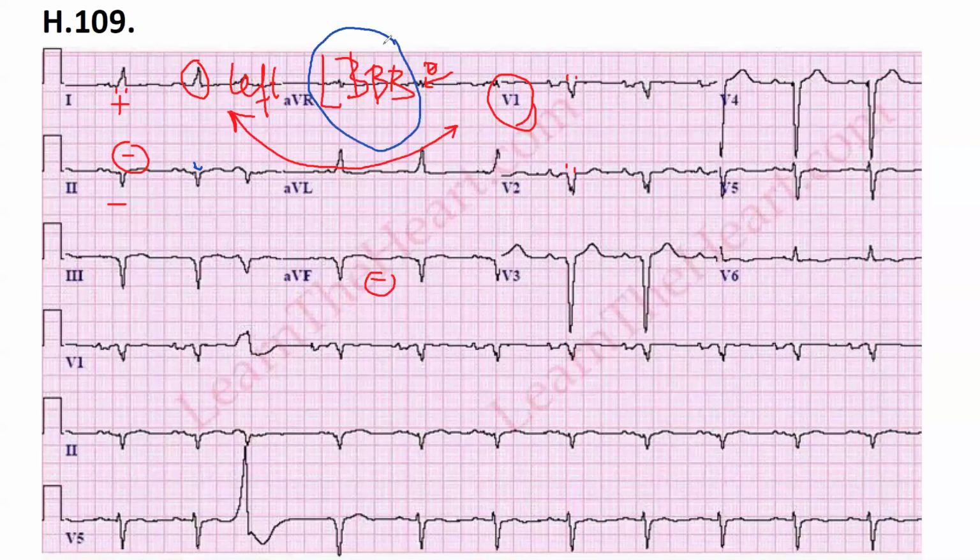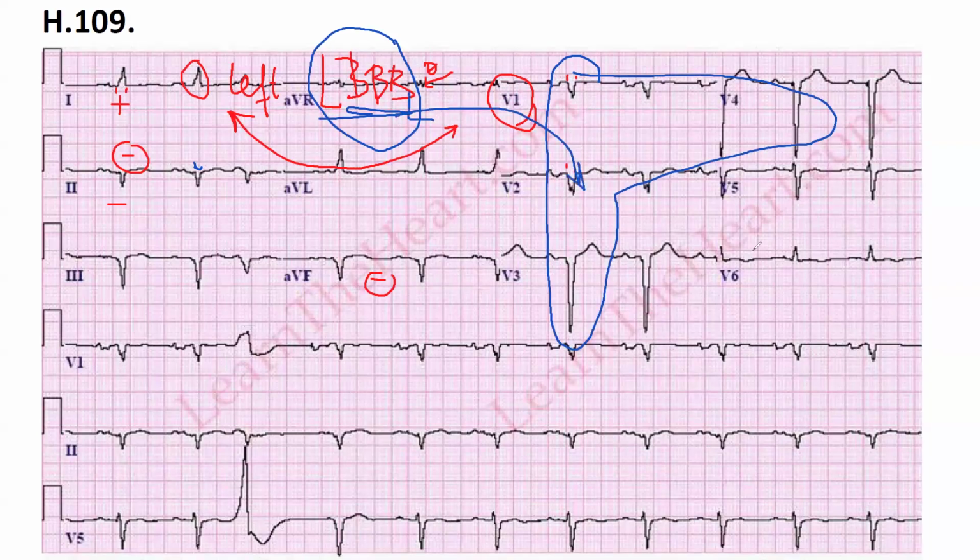Also, if you have a left bundle branch block, you can see a QS complex on the right side. That's a pathological Q wave that can be explained by left bundle branch block. Especially since you do not see any ST elevation here, there is no sign of MI. So that's only a left bundle branch block.